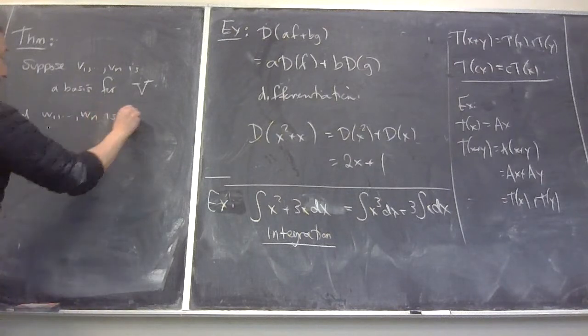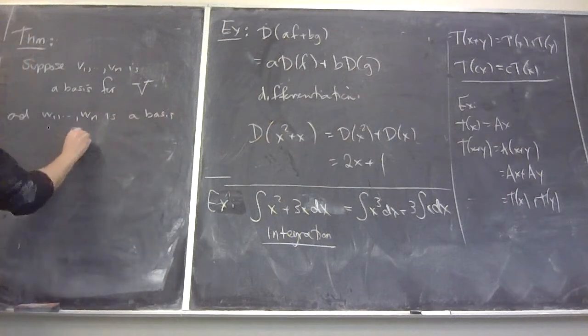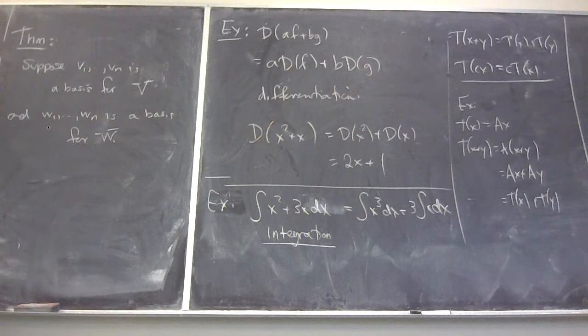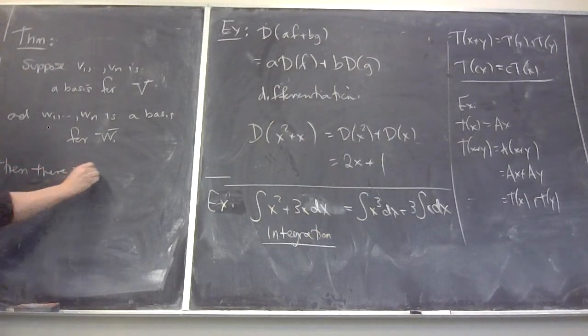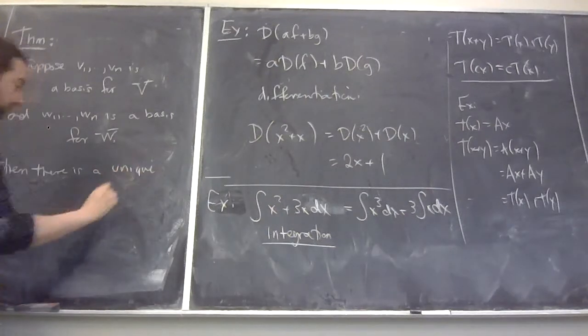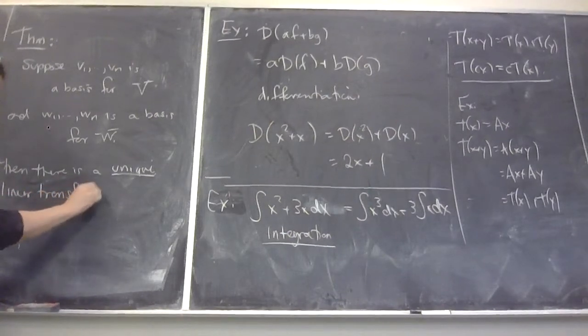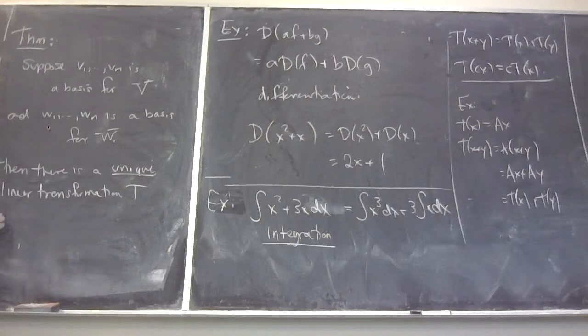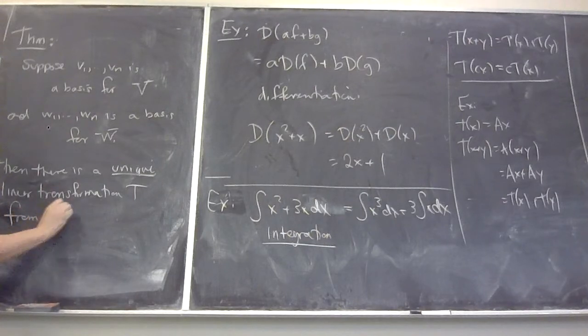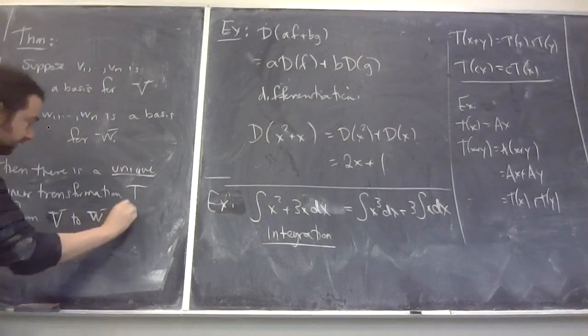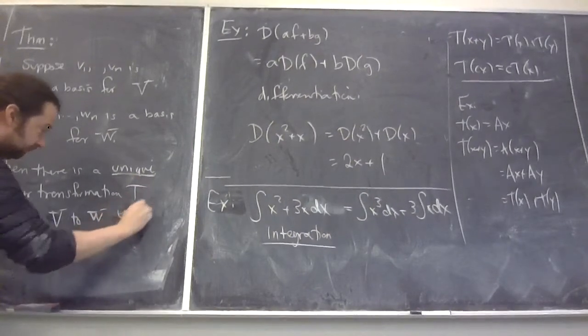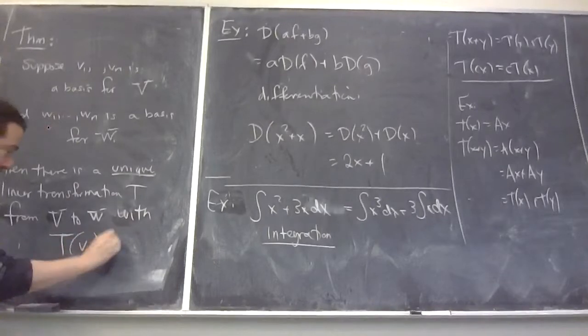W1 through Wn is a basis for W. Then there is a unique linear transformation T from V to W with T of Vi being equal to Wi.